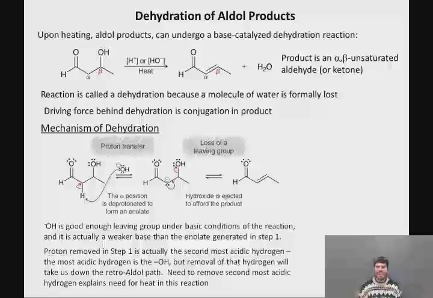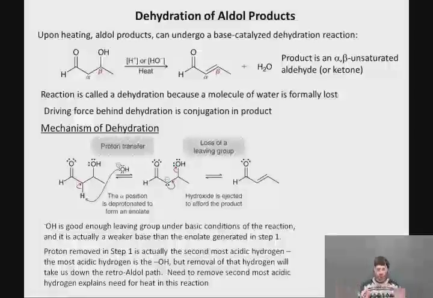The alpha hydrogen that gets removed has a pKa of 19. We are going after the second most acidic hydrogen. If we went after the most acidic hydrogen, which undoubtedly happens, that takes us down the retro-aldol path back to starting materials. In order to undergo dehydration, you have to remove this second most acidic hydrogen.